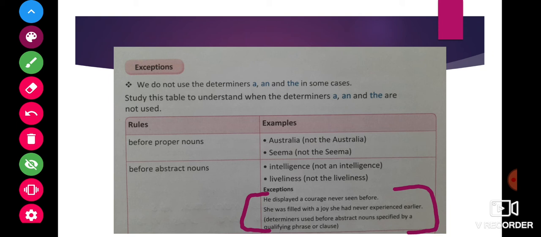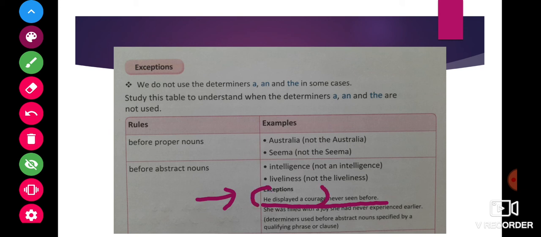Let us read the example again. The first one, he displayed a courage never seen before. Now this is the main clause. It has a qualifying clause, never seen before. So whenever a qualifying phrase is present, we can use articles with abstract nouns. Let us read the second one.